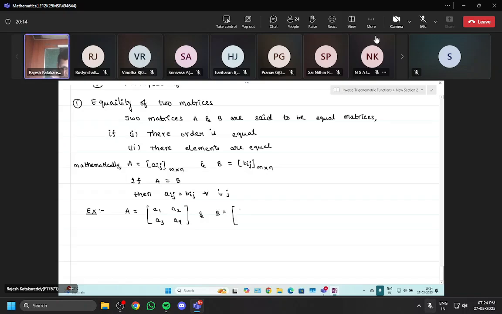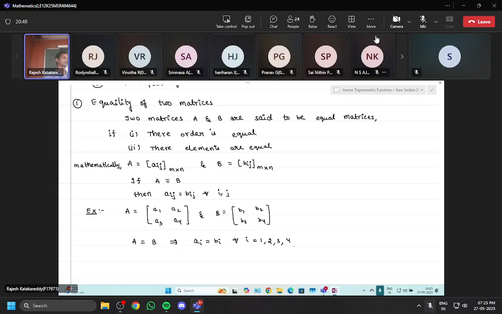B is equal to B1, B2, B3, B4. A is equal to B implies that Ai should be equal to Bi for all i is equal to 1, 2, 3, 4. A1 should be equal to B1, A2 should be equal to B2, A3 should be equal to B3. Clear?